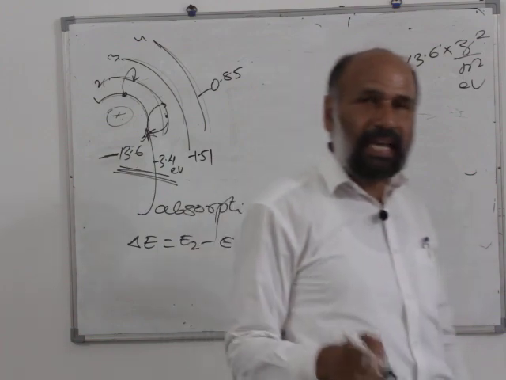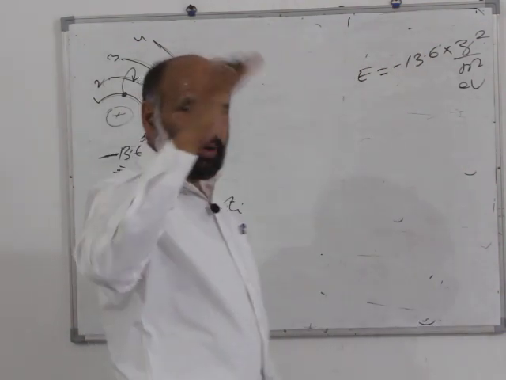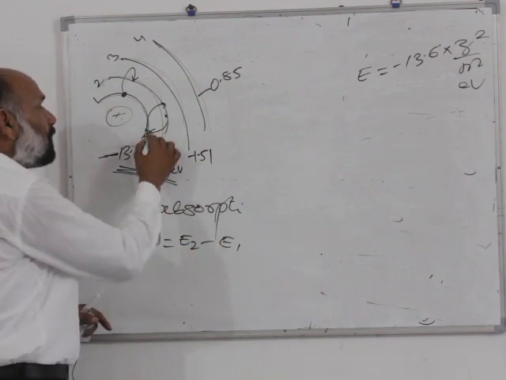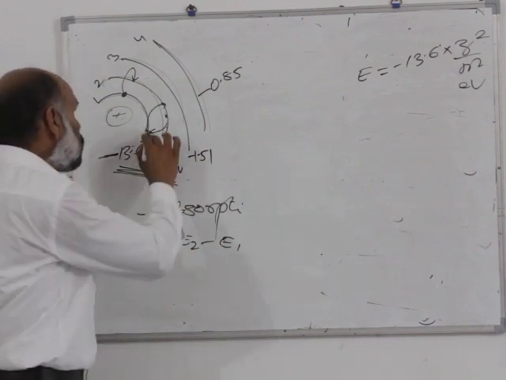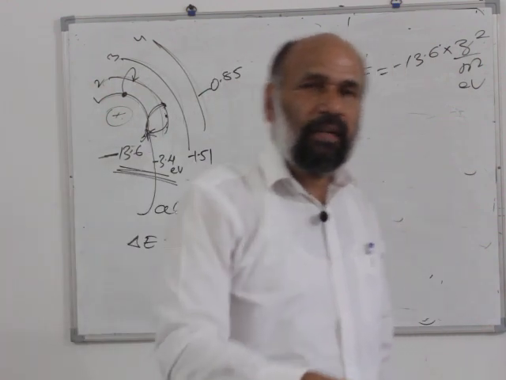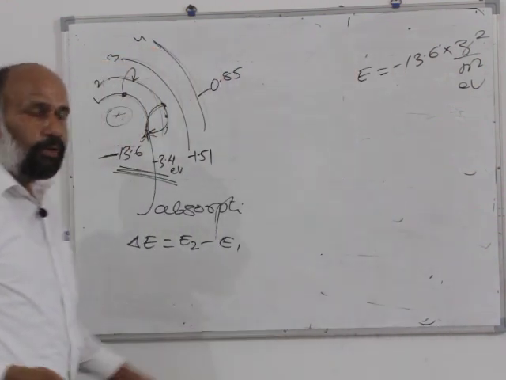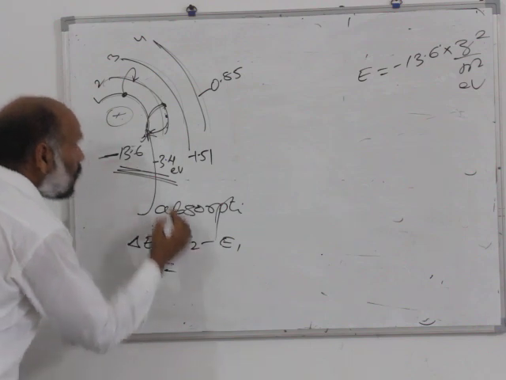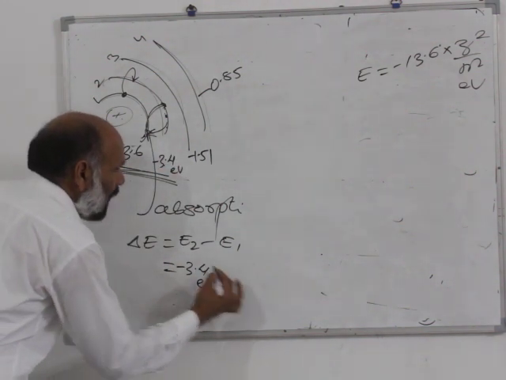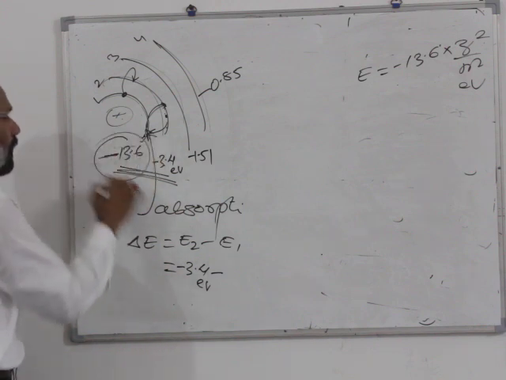Bohr's sixth postulate says that when electron jumps from higher to lower level, energy is emitted, and that will be the difference of the energies in the two orbits. And if it goes from lower to higher level, energy must be supplied, energy must be given, and given means always positive. Let us see how. E2, this is minus 3.4 electron volt, minus, what is the value of E1?